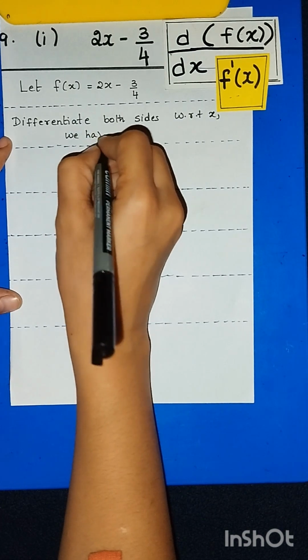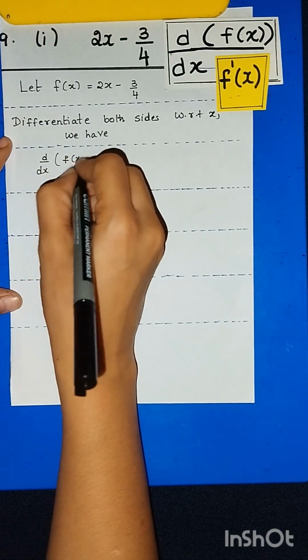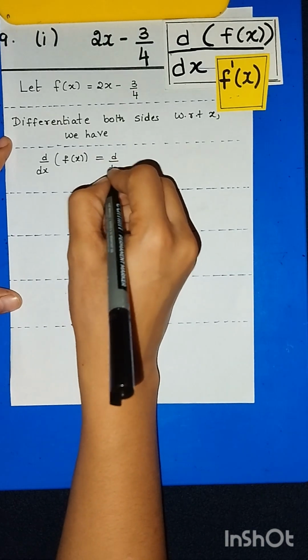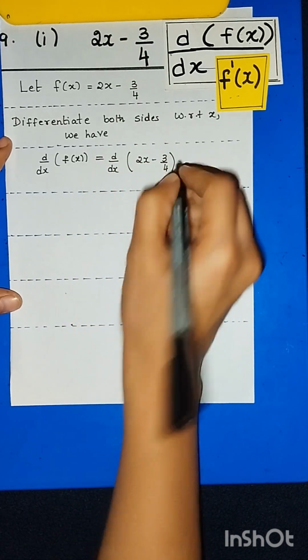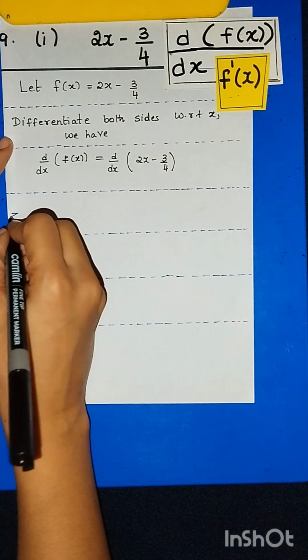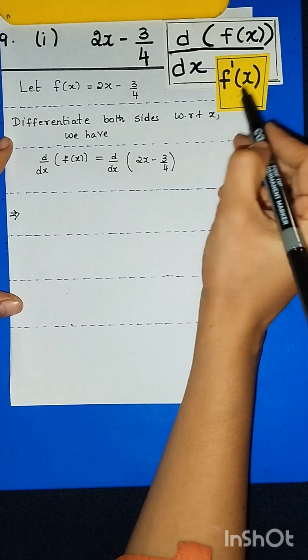We have d by dx of f of x is equal to d by dx of (2x minus 3)/4. Now this implies, d by dx of f of x is nothing but f dash of x.